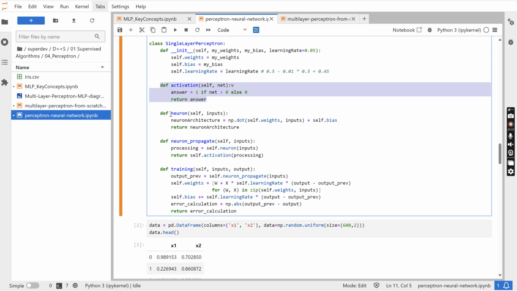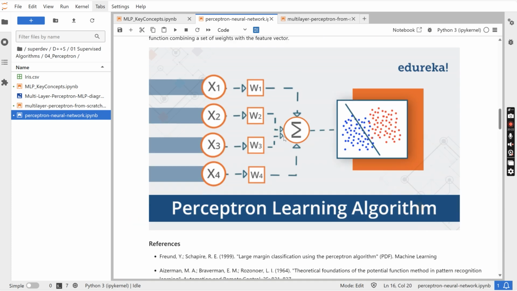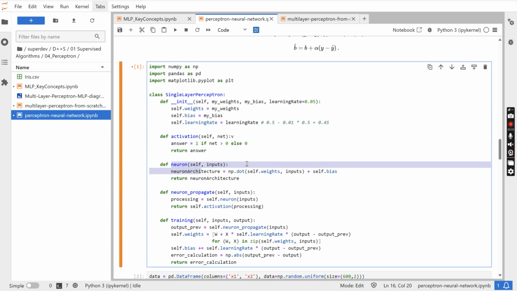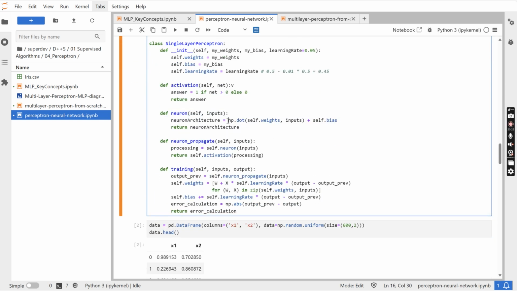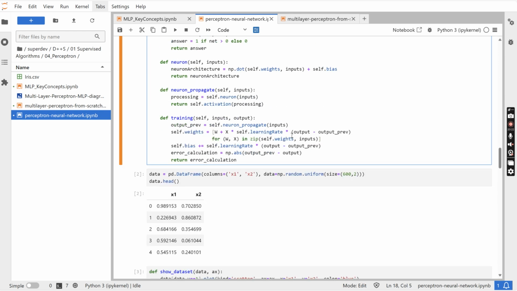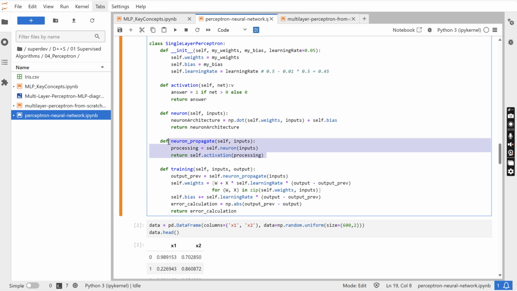Next, in the neuron, the summation that is happening is just a very simple dot product. You take the weights and the inputs you have, do the dot product, and to that you add a small error, and you return that final result. Next is propagate.